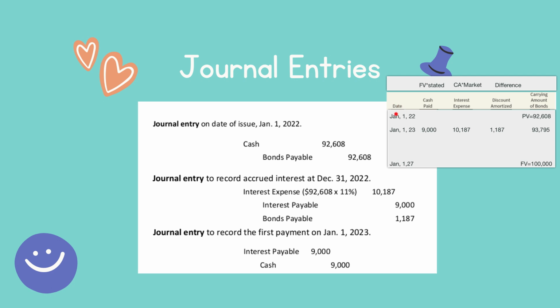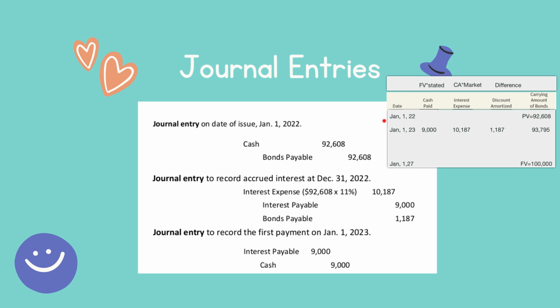As you can see: date, cash paid, interest expense, here discount amortized or premium amortized, and here is the carrying amount of bonds. Okay, so at the date of issuance, which is January 1, 2022, we don't have any payments, no interest expense, no amortized discount or premium. We will just write the present value here, which is 92,608.